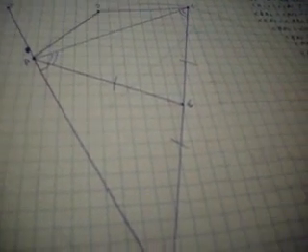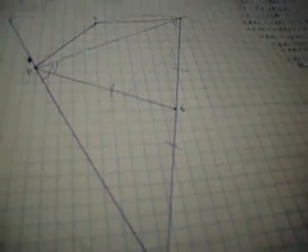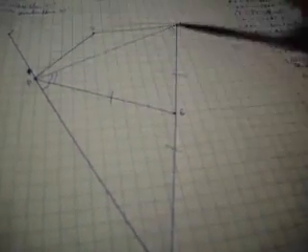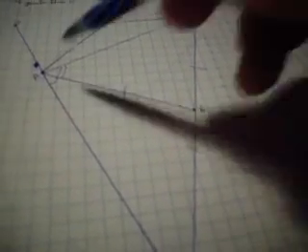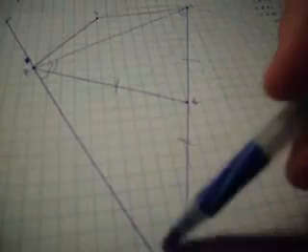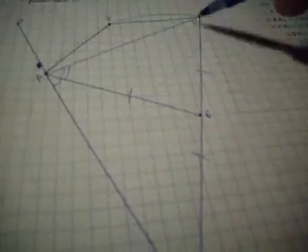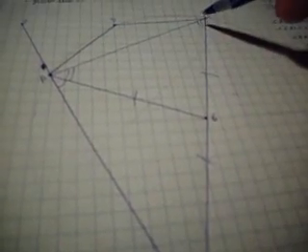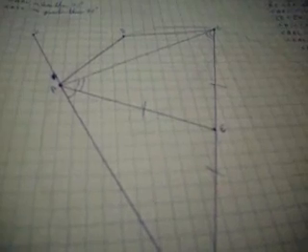Alright, now we know that angle BAC is the sum of ABC, this one right here, and ACB. If you add these two angles together, you'd get this one right here.